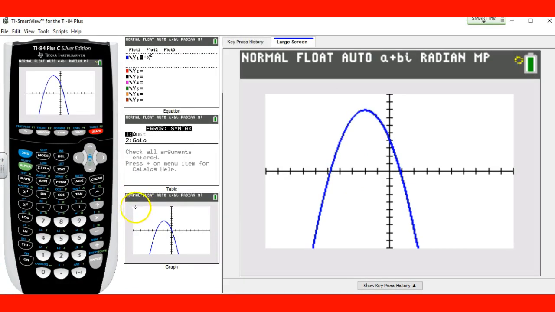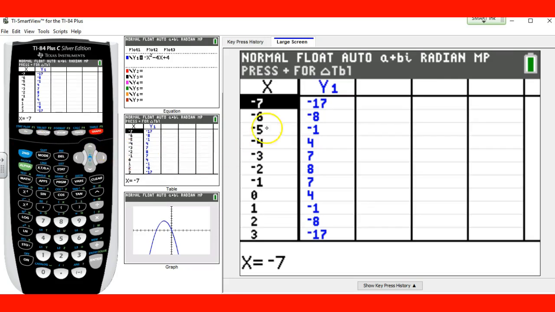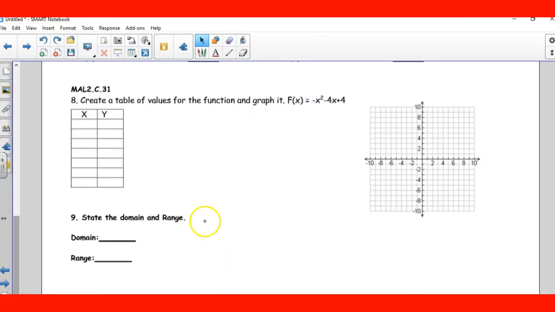Now let's see if our table gives us any information. It does. There are some things right here that we can actually see on our graph and put in here. Let's see what we got. 2, negative 8.